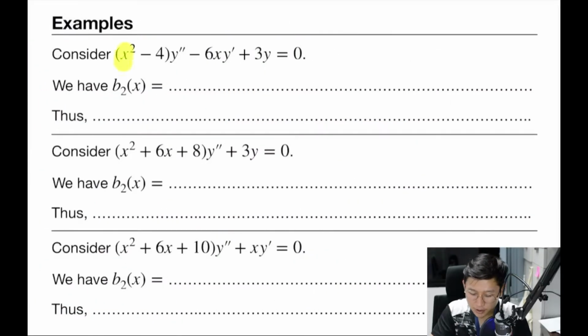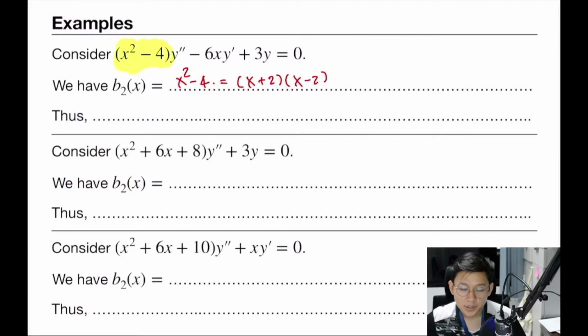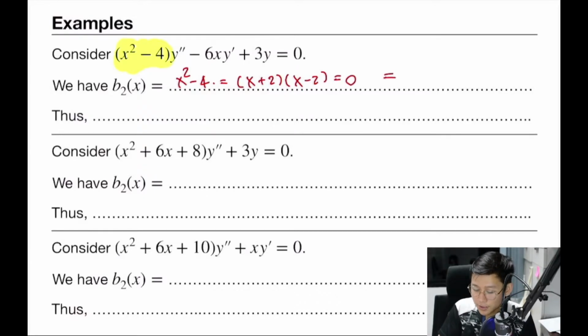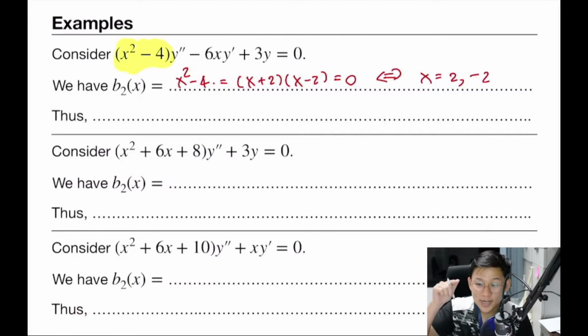For example, here, right now our b2 of x is x squared minus 4, which is x plus 2, x minus 2. And this, guys, is 0 if and only if x equals 2 and minus 2. So when x is 2 or when x is minus 2, b2 of x is 0.